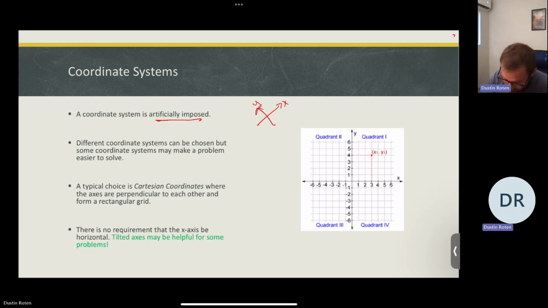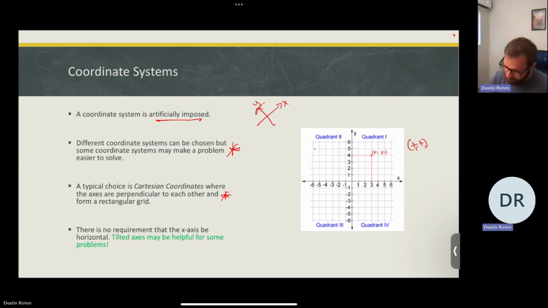I've noted that here, the different coordinate systems, depending on how you set them up, some may be easier in a problem than others, but the typical choice is usually just the Cartesian coordinate system, which is over here on the right with the 4 quadrants. And it's essentially a rectangular grid. So you'll remember from pre-calc, over here in quadrant 1, you have positive x, positive y values.